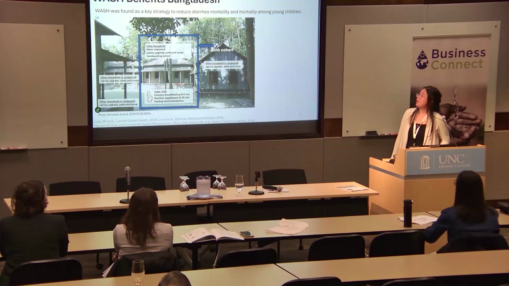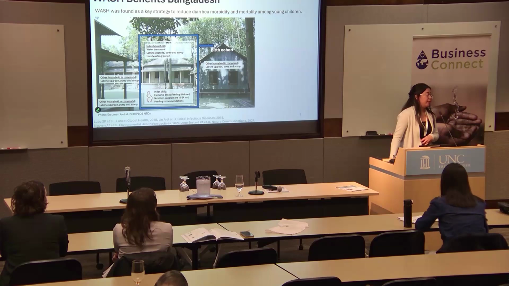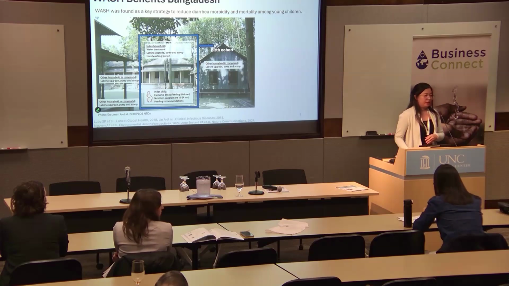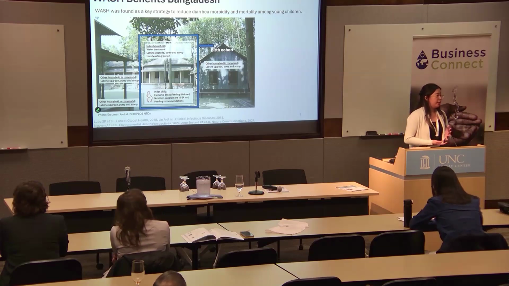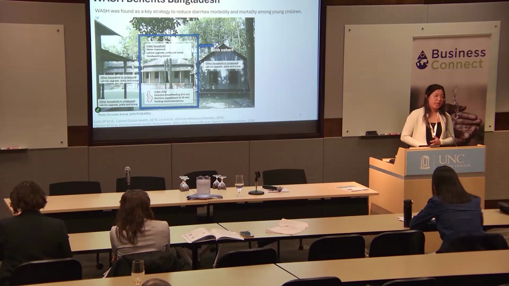So in this picture, for example, for the WaSH, these are the different interventions they deployed. So water treatment, like chlorinated water, latrine upgrades, setting up potties, scoops, hand washing, and also for the nutrition, they gave out lipid-based nutrient supplements.